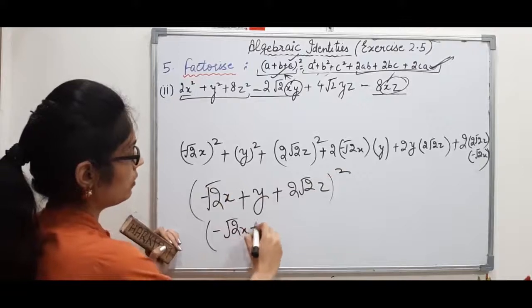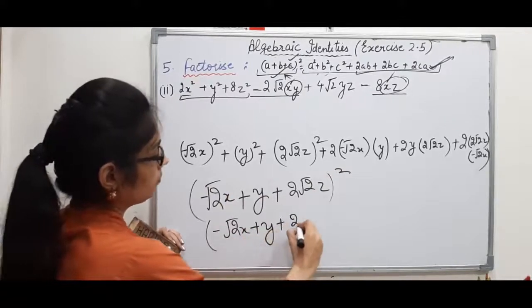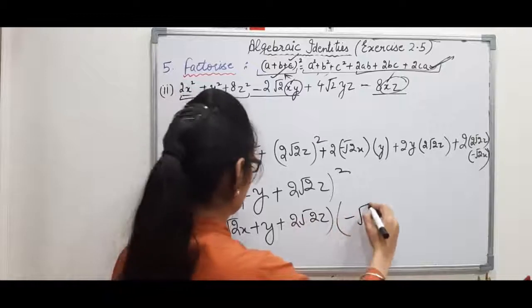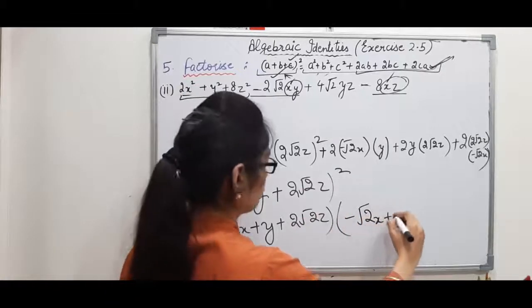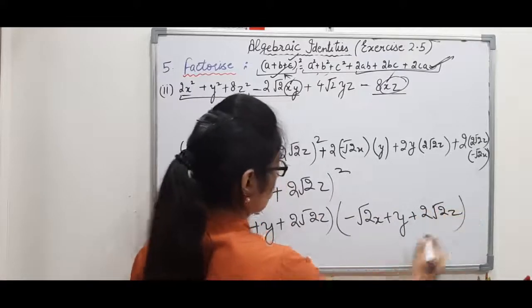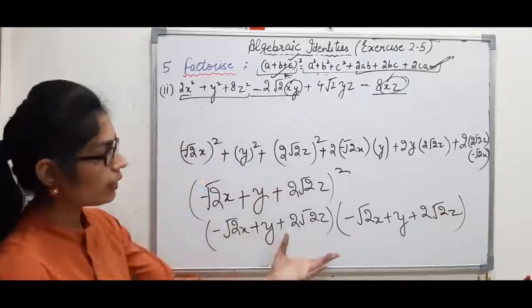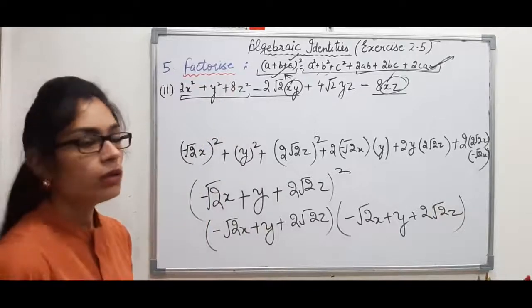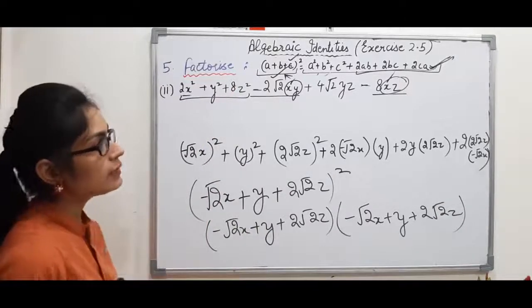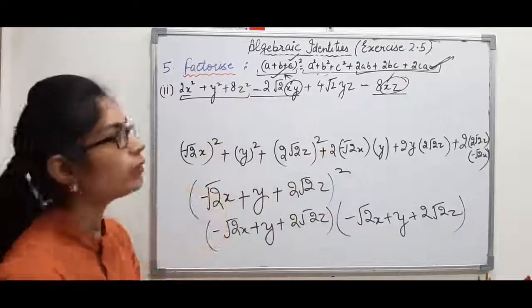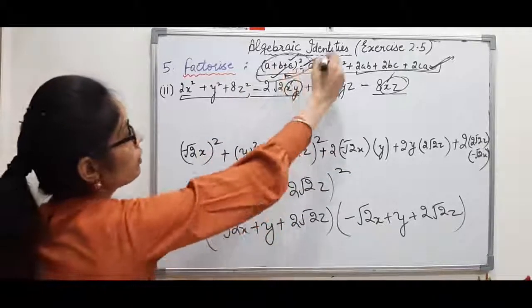So this is the factorization of this. Basically you have to see the values of a, b and c, then write the expression in a simpler way, then finally you can write it in this way.